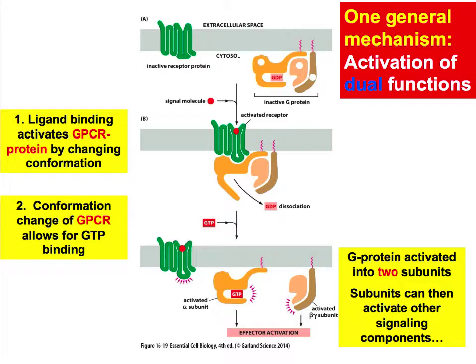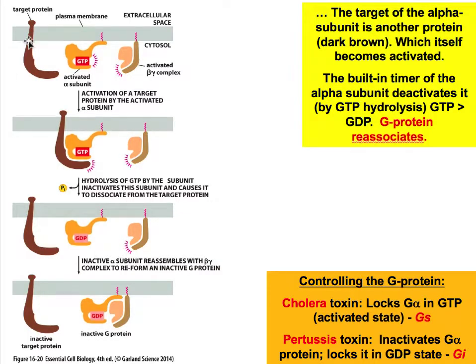So far, we've just seen the beginning of the pathway. So once this is activated and this is activated, what can happen next? What happens in the effector activation? The next slide gives us a clue as to what the next step could be in some circumstances. So here we have the alpha subunit with its GTP that in most cases will mean that it's active.